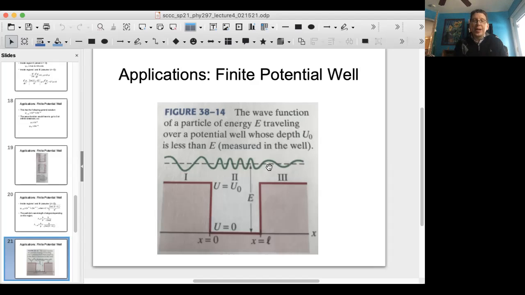So as the momentum goes up, the wavelength goes down, which is what you see inside the well. And as the momentum goes down, the wavelength goes up. You get longer wavelengths outside the well.